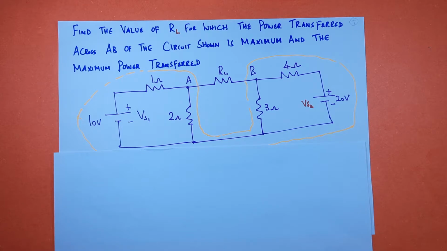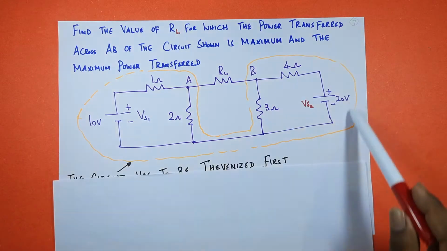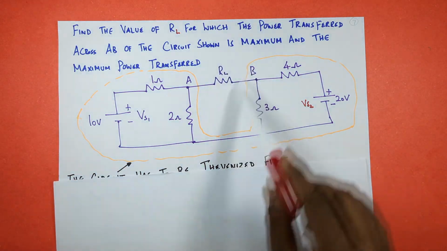They say the power transferred to this load RL is maximum, and find out that value RL, and also find out the maximum power transferred. So this is your problem. This dotted line is the load resistance which we have to find out.